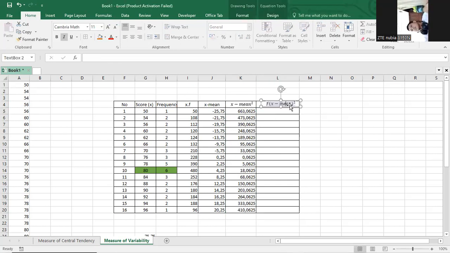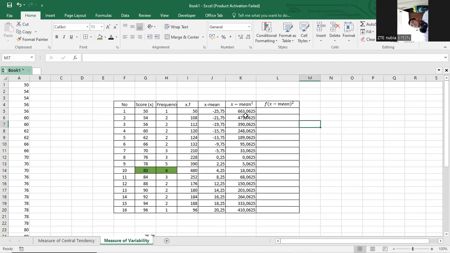After knowing the X kurangi min, we have to find F dikali X kurangi min pangkat 2. Sebelumnya kita kurangi dulu komanya. Jadi 2 saja di belakang koma.